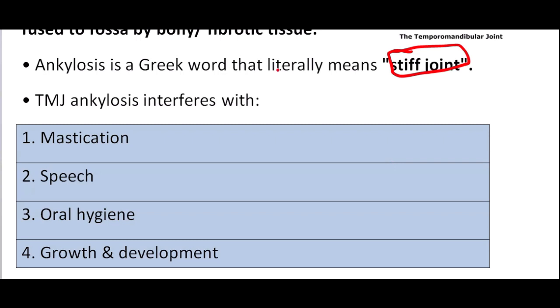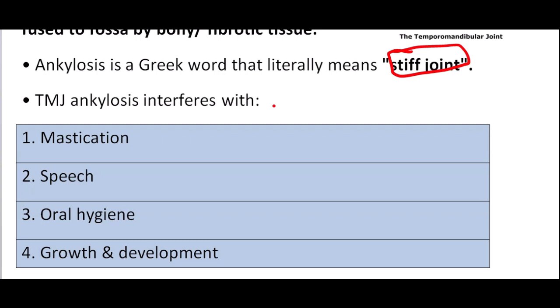So let's break down ankylosis of the TMJ. Ankylosis of the TMJ refers to the fusion or stiffening of the jaw that essentially limits or completely stops its movement. Just picture your jaw being unable to move as freely as it should.